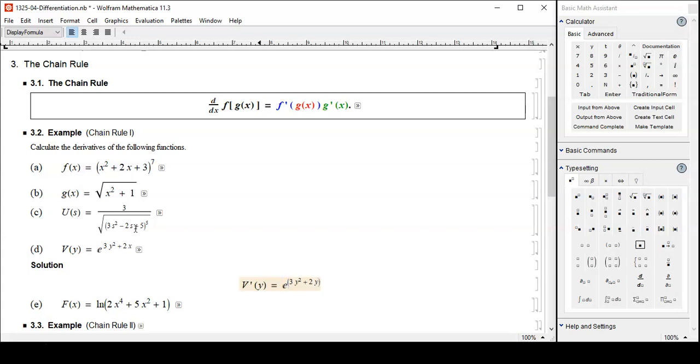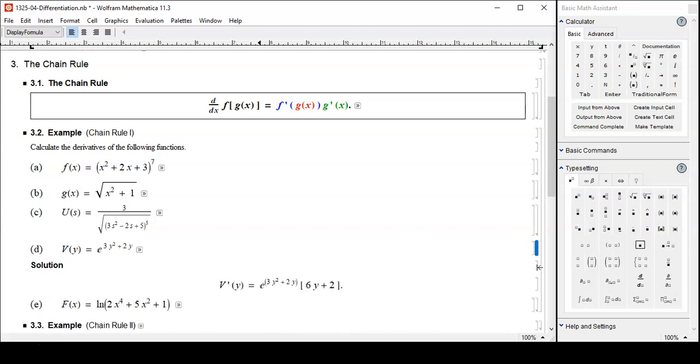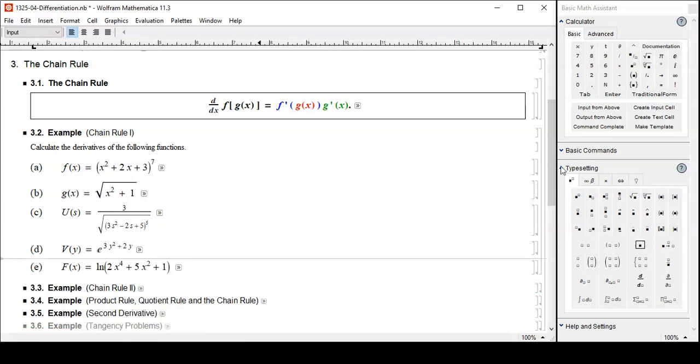I think this is a typo. Sorry about that. Should have been y. And we have to multiply the derivative of the inside. 6y plus 2. Yeah, in my answer key, I don't have the typo there. I'm going to correct it. By the time you get this notebook, all must have been corrected.